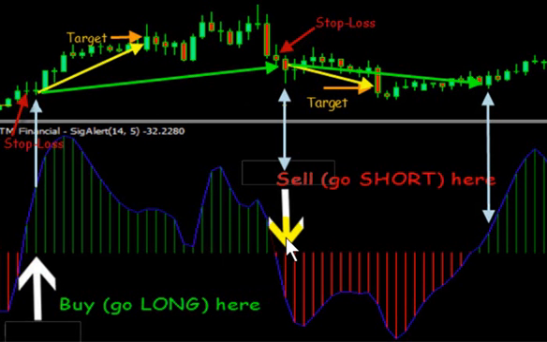So the basic strategy is: you open your position when the second red or green vertical bar appears in the ITM Financial SigAlert window below the chart. Here, where the big arrow is pointing, is the point where we would enter, or here we could enter if we were going short.